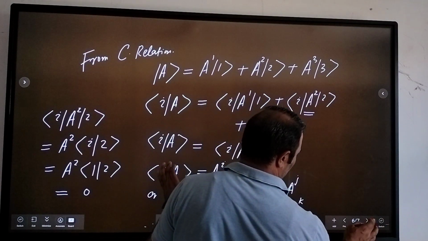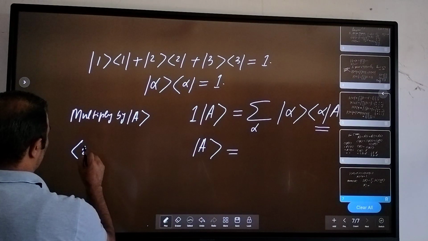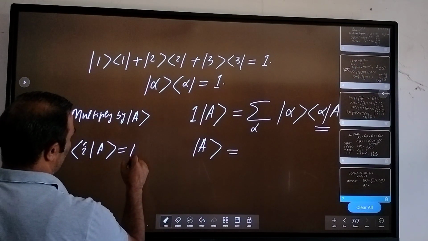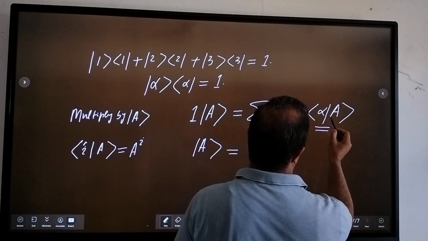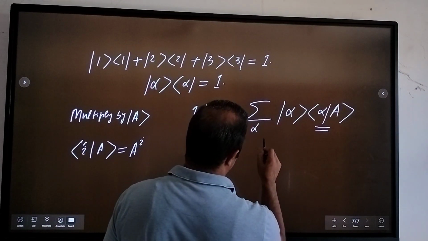So in general, I'm saying now that if we have this vector A, I with A gives me AI, right? So what will this be equal to? This will be equal to A alpha then. So I can write there, this is summation over alpha.